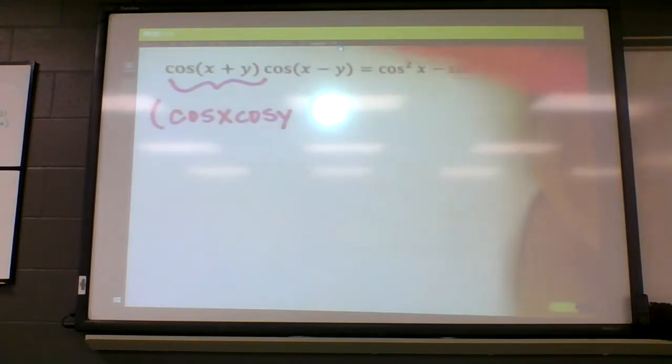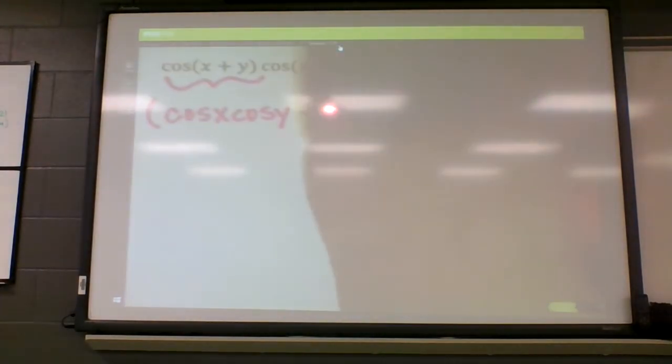So it would be cosine x, cosine y. The plus is going to mean that I have a subtraction sign. Sine x, sine y. And that is just the first one, correct.